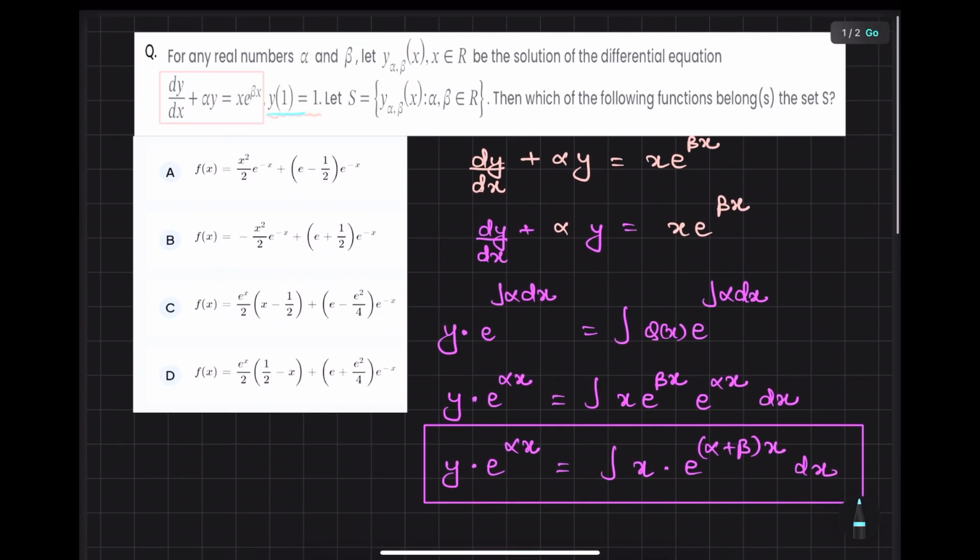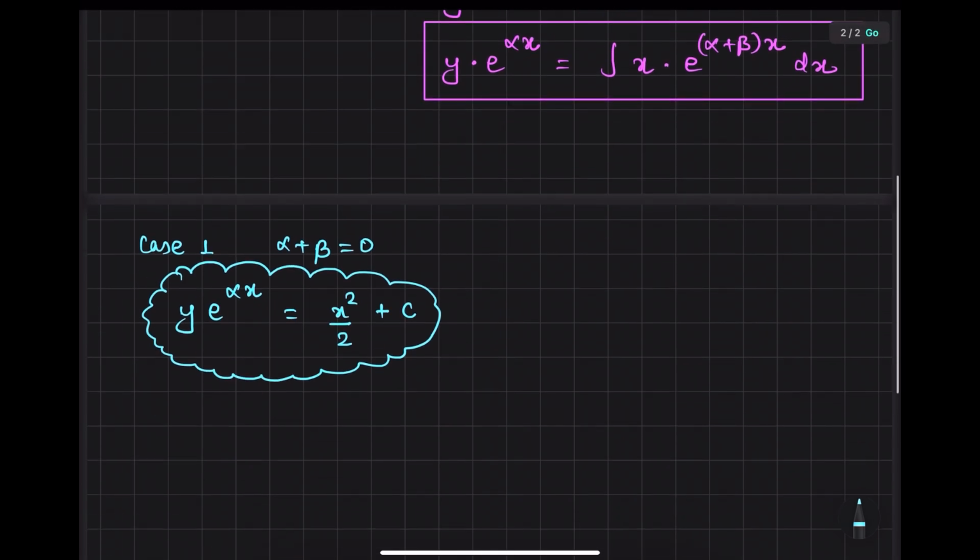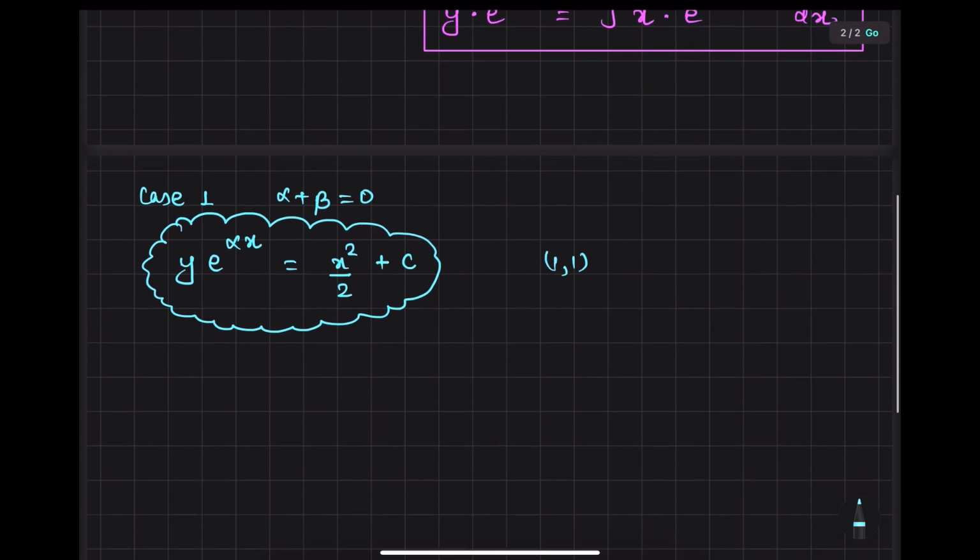We find c using the idea that the curve is satisfying 1 comma 1. Now x is 1 and y is 1, so can I write e power alpha equals 1 by 2 plus c.